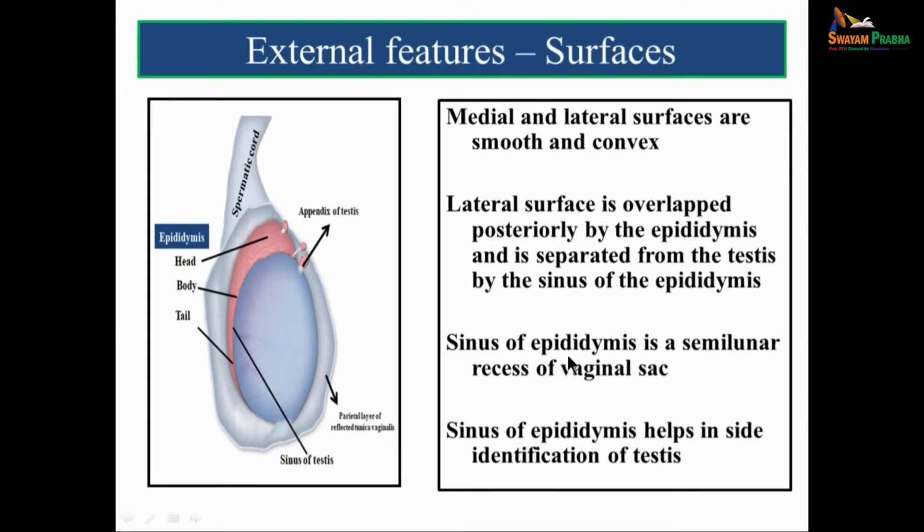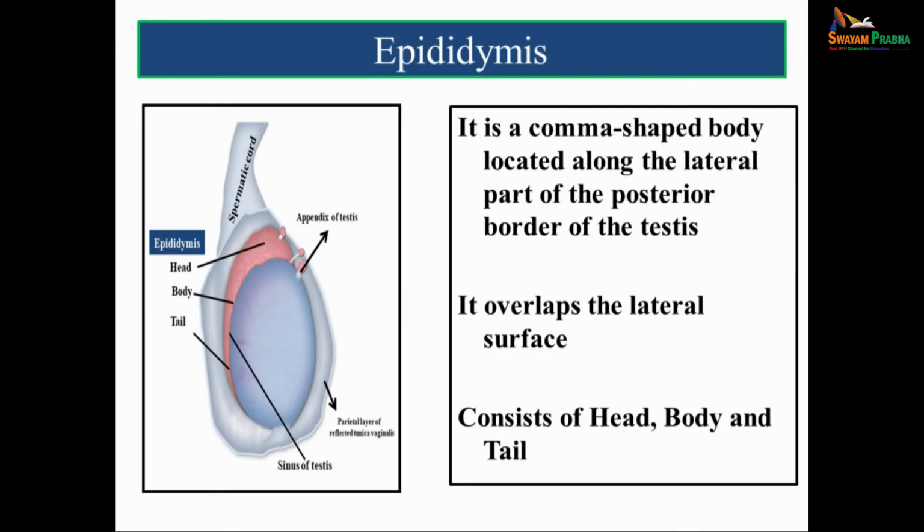The sinus of epididymis is a semilunar recess of the vaginal sac, and it helps in side identification of the testis. Now, what is the epididymis? It is a comma shaped body located along the lateral part of the posterior border of the testis. It overlaps the lateral surface and it consists of three parts: the head, body and tail.